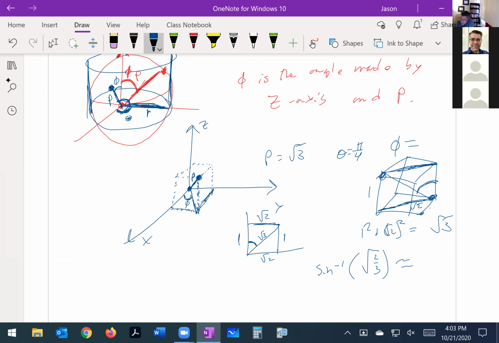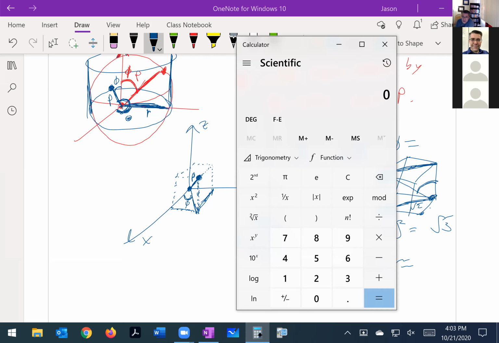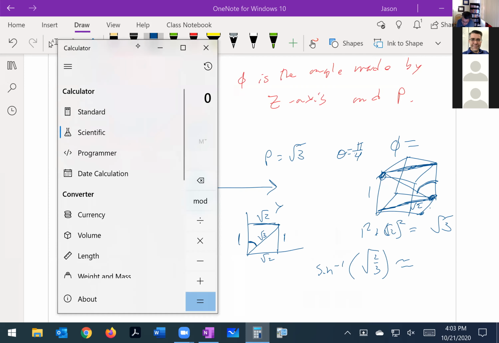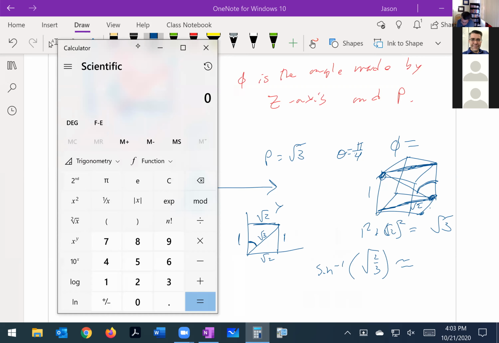Wonder what that is. What is that approximately? It's just an approximation. I'm just screwing around at this point. Let's see what this is: inverse sine of radical 2 over 3.